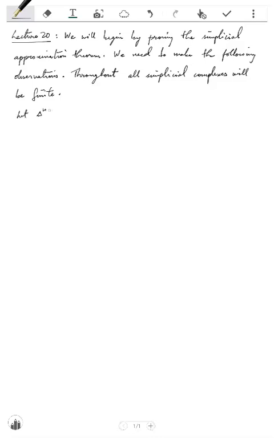Let delta n be a simplex containing n, and let v be a vertex of delta n.